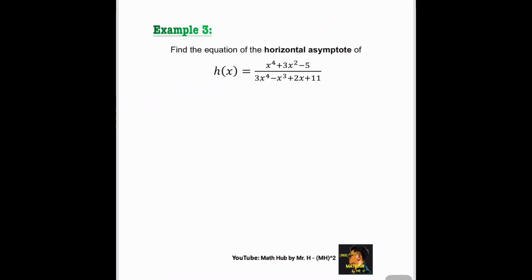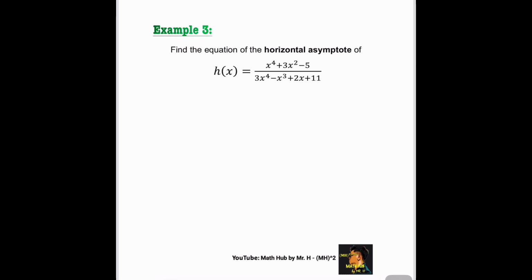All right, so for the third question, we need to find the equation of the horizontal asymptote of the given function h of x. So before we answer this question, let me tell you what horizontal asymptote is about.